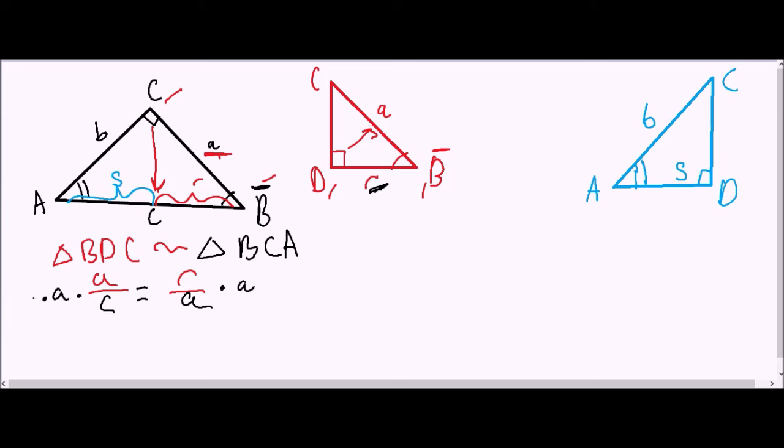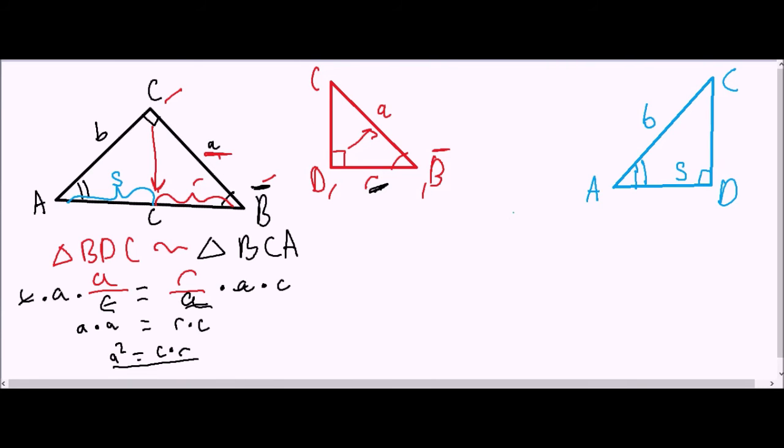So I'm going to multiply both sides by C. On the left-hand side, the C's will cancel out and we get A times A, equal to the right-hand side, where the A's cancel out, so we get R times C. I'm just going to rewrite this for simplicity as A squared is equal to C times R. And now we have one equation down using the similarity between the black triangle and the red triangle.